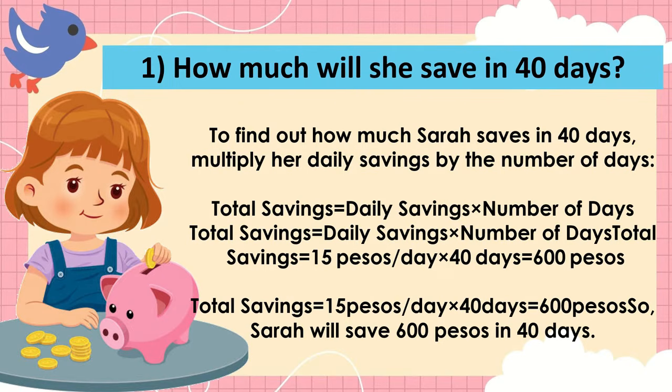Total savings equals 15 pesos per day times 40 days equals 600 pesos. So, Sarah will save 600 pesos in 40 days.